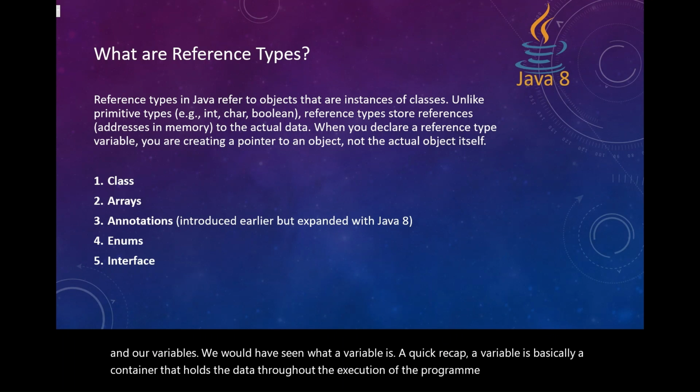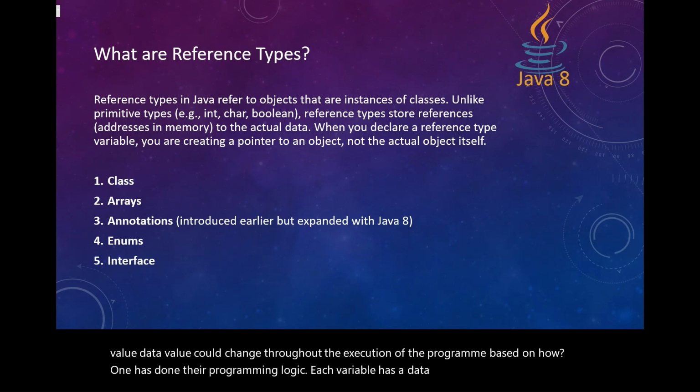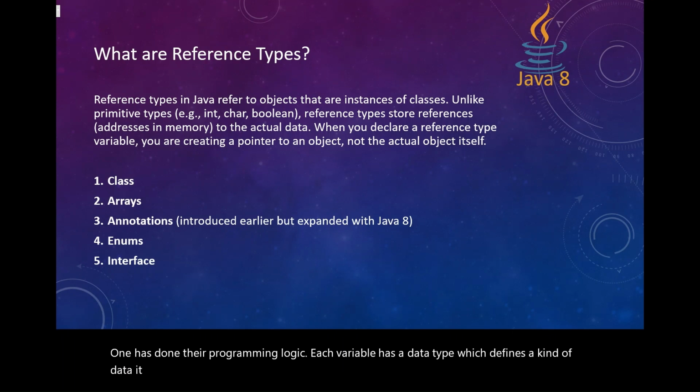And the variable's data value could change throughout the execution of the program based on how someone has done their programming logic. Each variable has a data type which defines the kind of data it can store. For example, we would have seen primitive data types, which has 8 types in it.